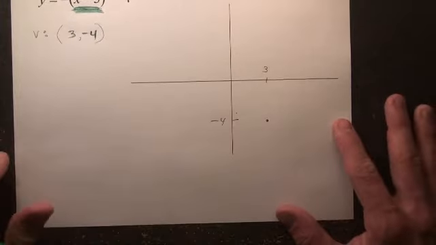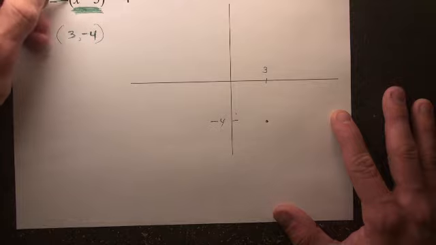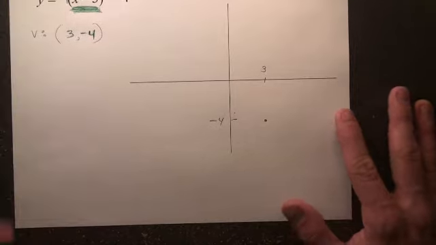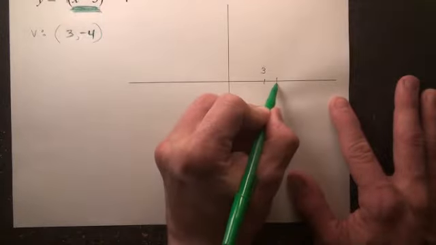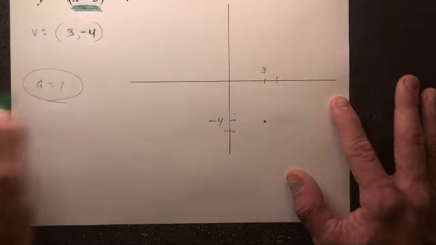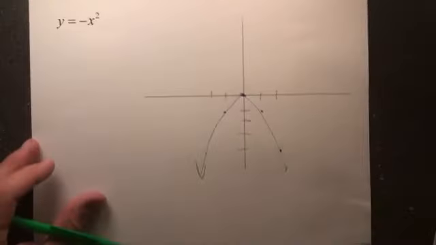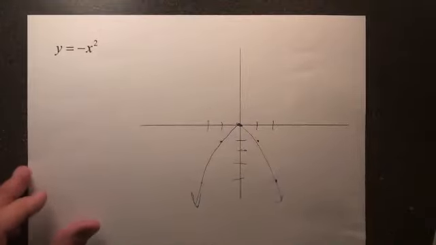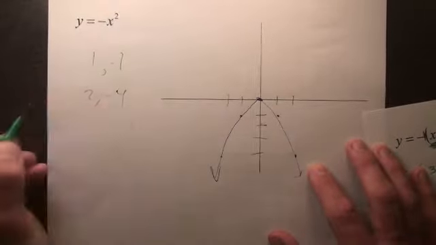Alright? Now, what number's in front? -1. Right here. Bam. So, we're going to go to the right 1 and down 1 because A is exactly 1. We're basically going to use that pattern on the second quadratic of this video. So it's going to be 1, -1, 2, -4.